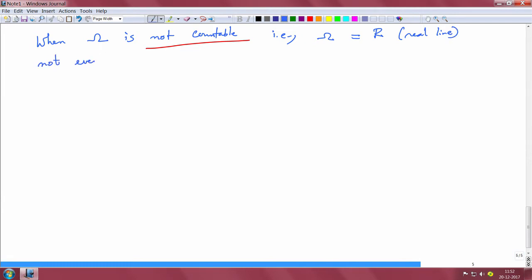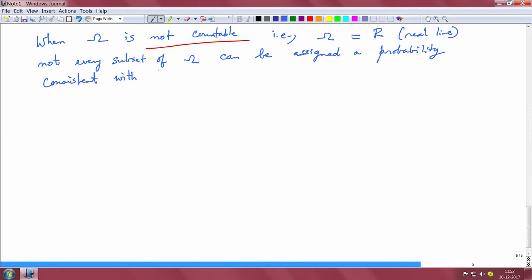Not every subset of omega can be assigned a probability consistent with the above axioms.